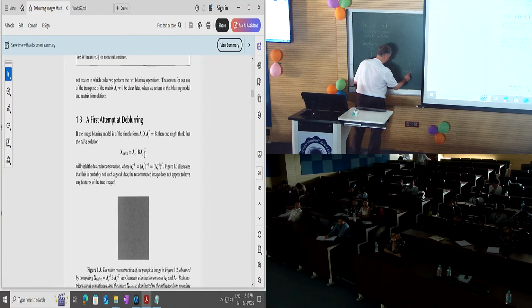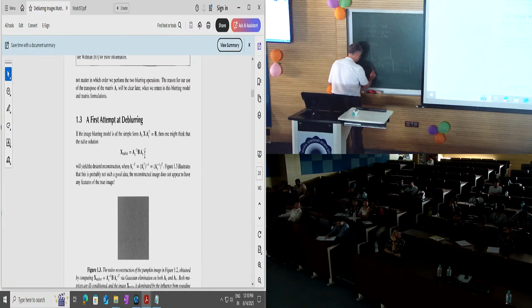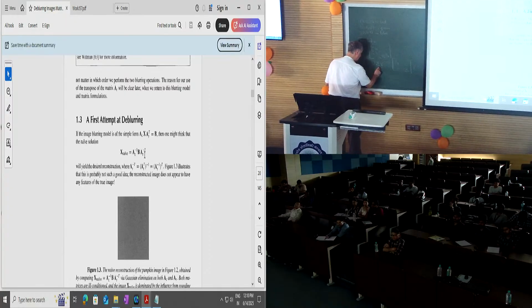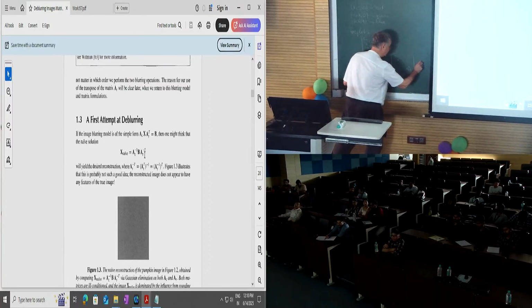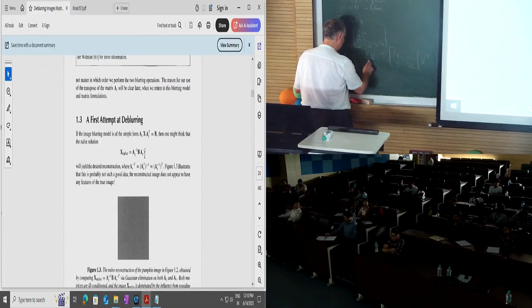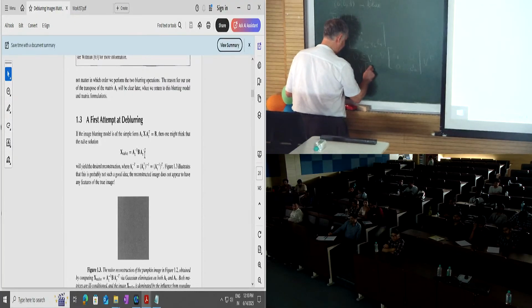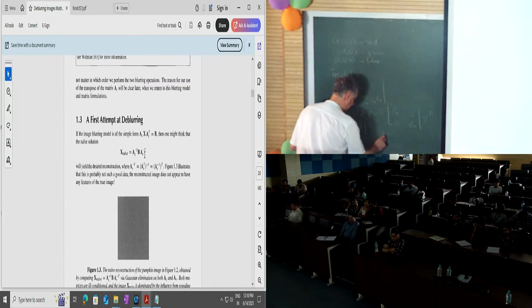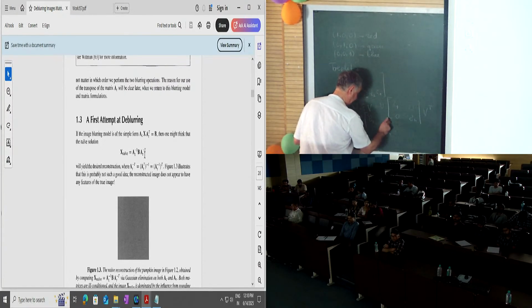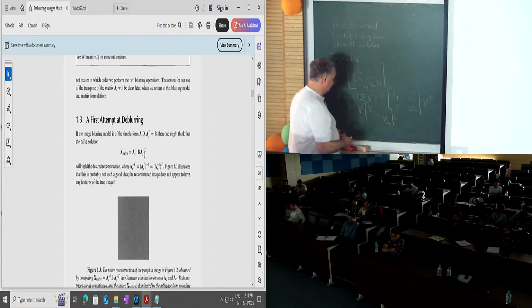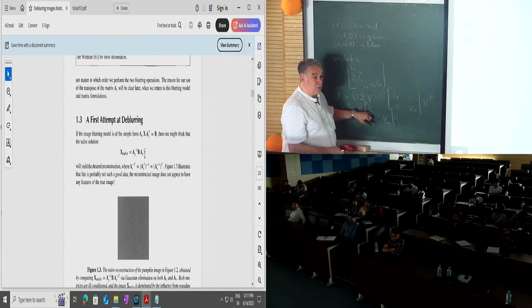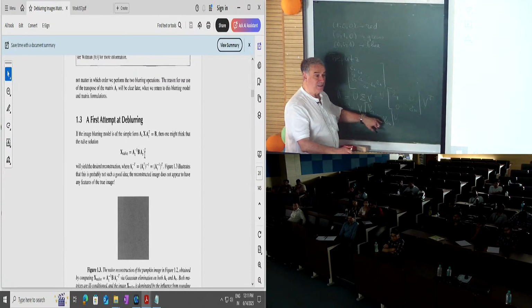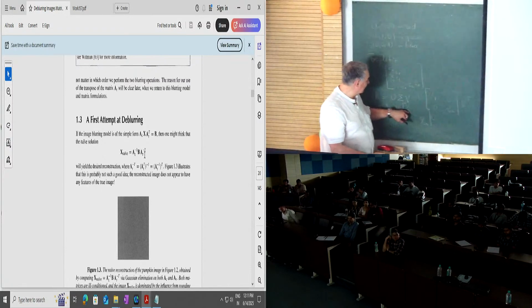N, for example. And A minus 1 is V transpose V, and we know also that sigma 1 to sigma n are ordered in decreasing order.